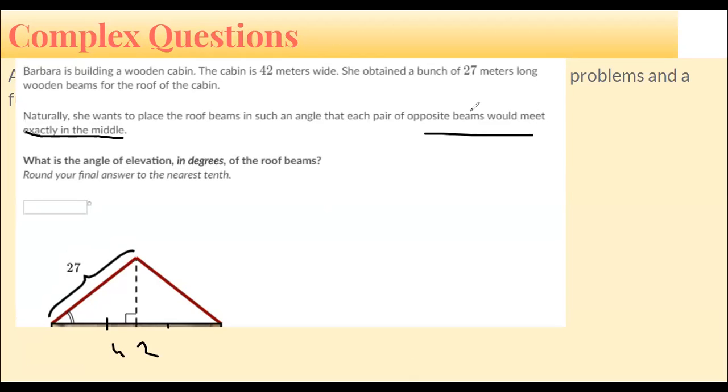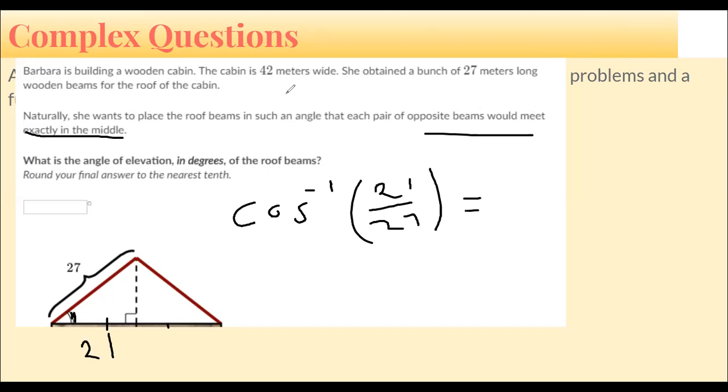So each side would now equal 21. In order to calculate the angle of elevation, we would simply use the inverse function. Now, which one? You have the hypotenuse and an adjacent side. So naturally, you use cosine. Cosine -1 of 21 over 27. Now, if you have a calculator, you could calculate.